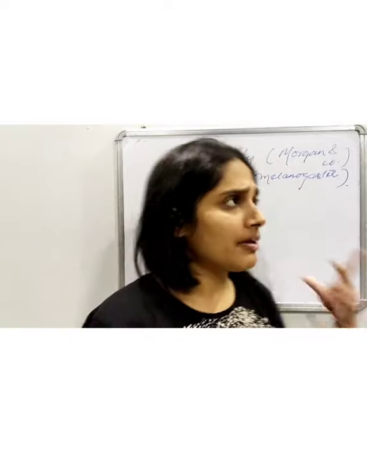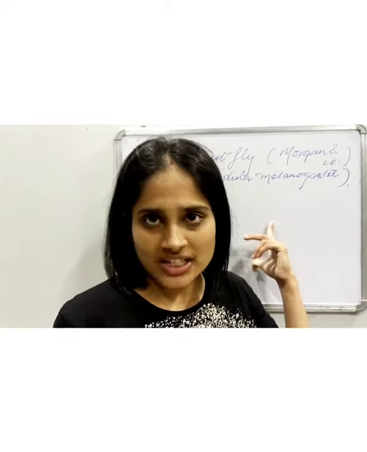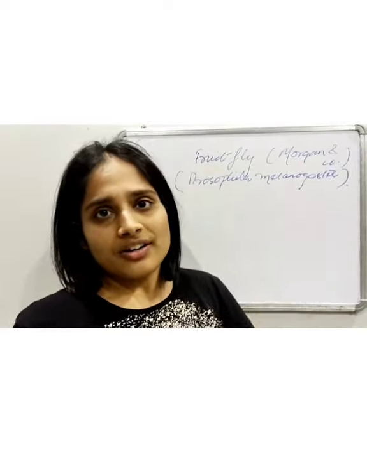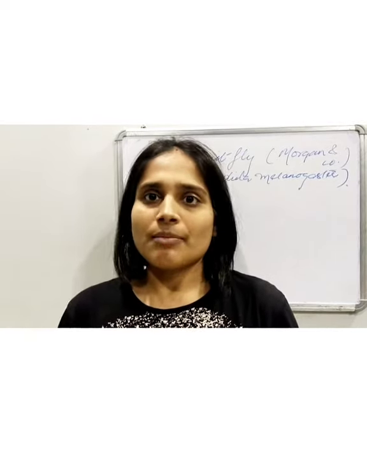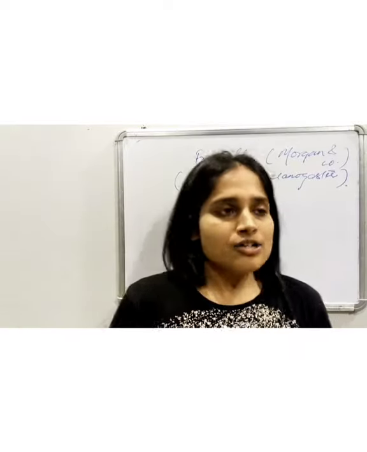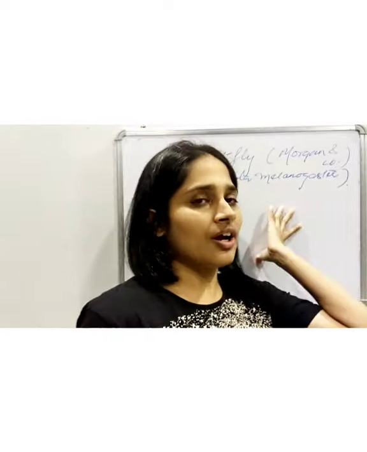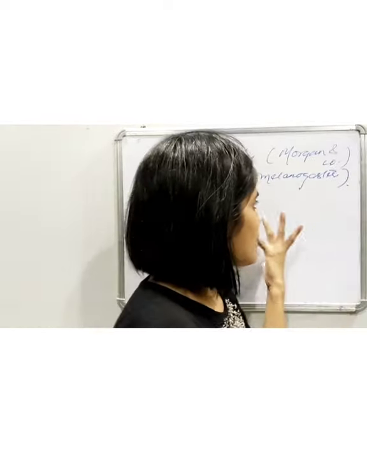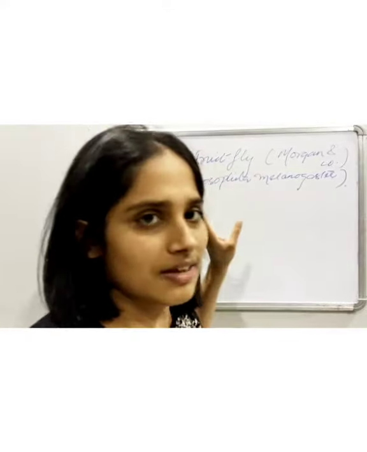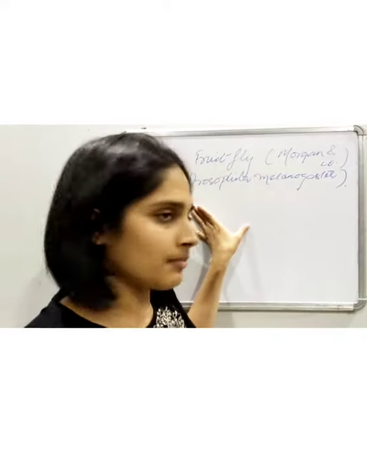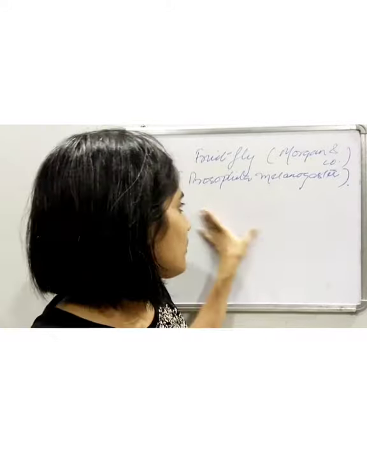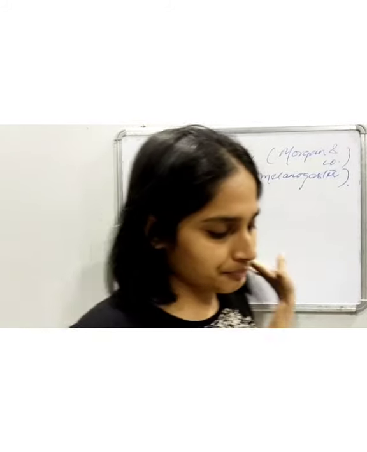Then they can easily be grown on synthetic media in laboratories, so it's easy to monitor them. These are some of the factors which led Morgan to study the inheritance pattern in fruit flies.